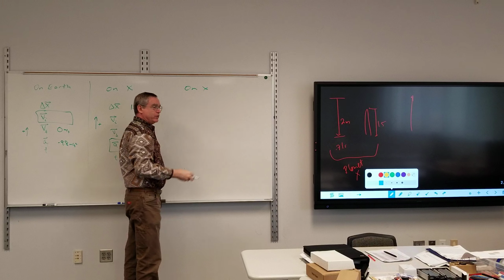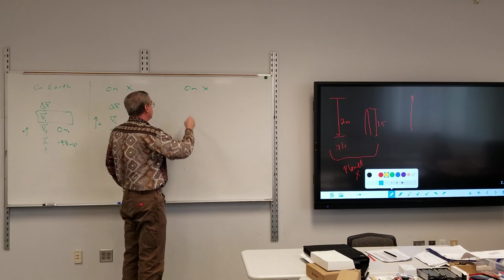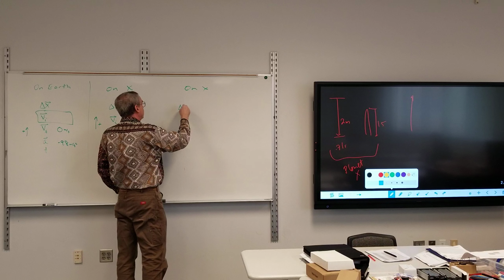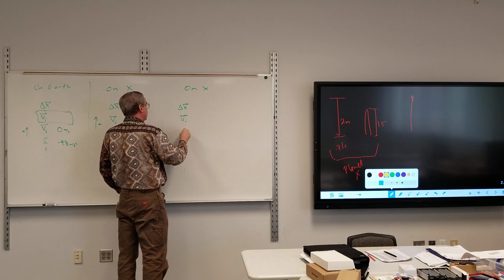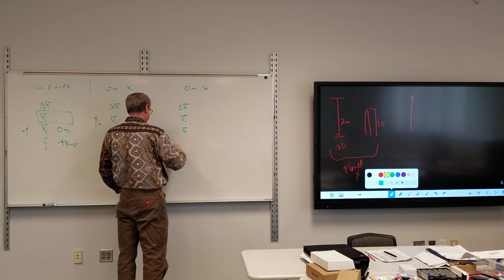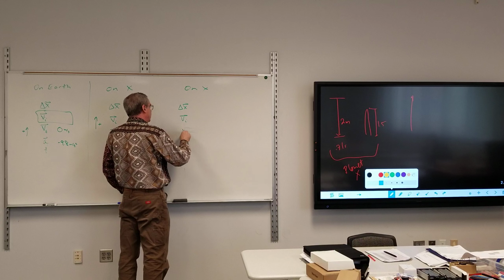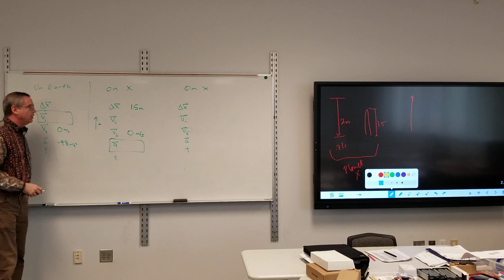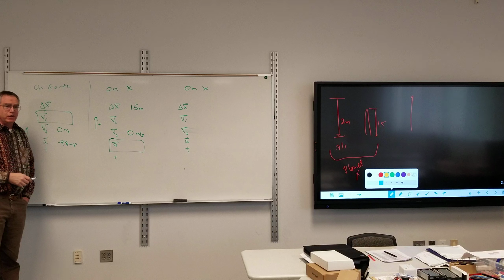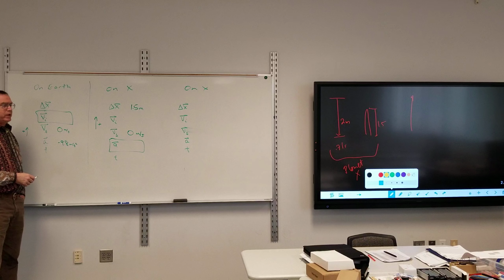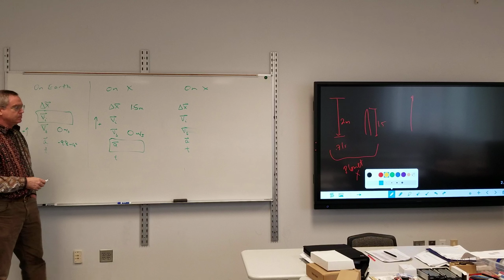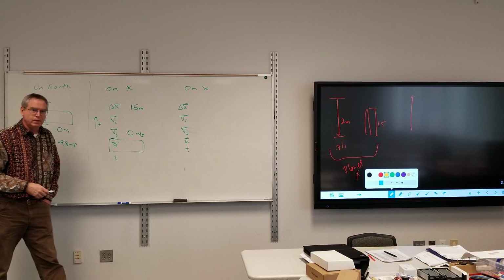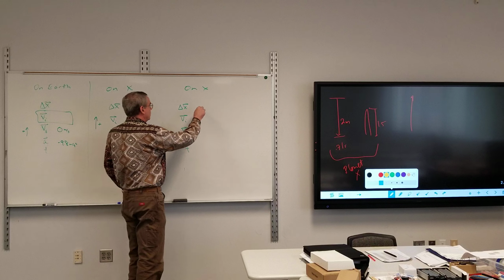So now we go to the first thing, where he takes an object and just drops it. We're trying to find acceleration. What do we know? The displacement is -2 meters.